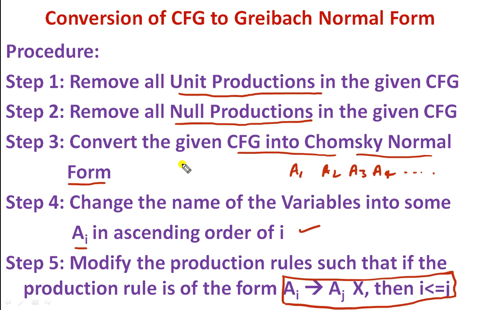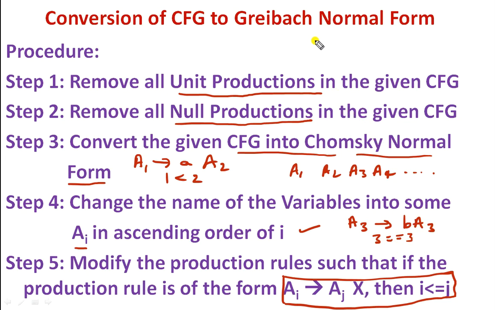Assume that there is a production rule such as A1 generates A2. So this is a valid production rule because 1 is less than 2. Similarly, if there is a production rule such as A3 generates BA3, it is also valid because 3 is equal to 3.